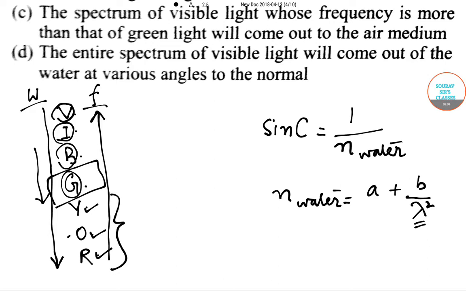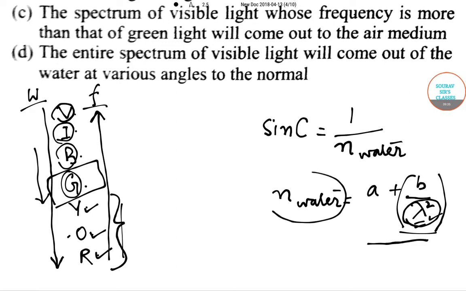So when frequency decreases, wavelength increases, and as wavelength increases, this entire part B by wavelength square, that is lambda square, decreases, and when this part decreases, this entire part also decreases, which means when frequency decreases, n in water also decreases.